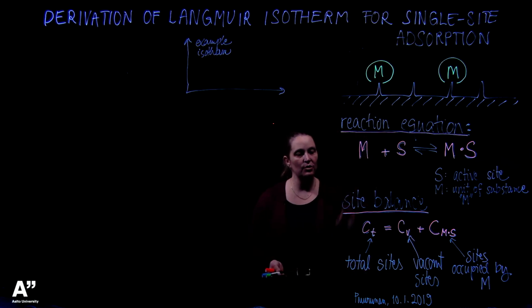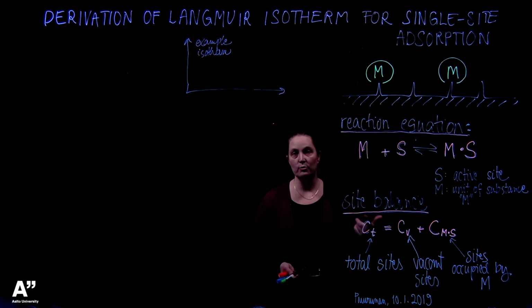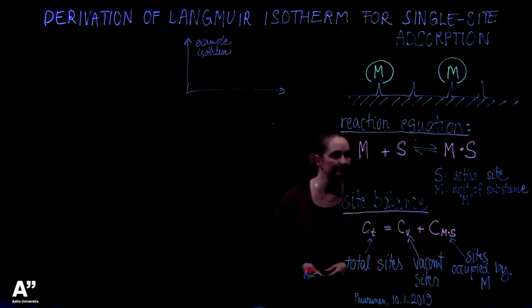And what are now the units of these concentrations? We don't need to care about that. In this lecture they just are the same units in each case. That can be mole base, that can be atoms per unit surface area, but they are in the same units.